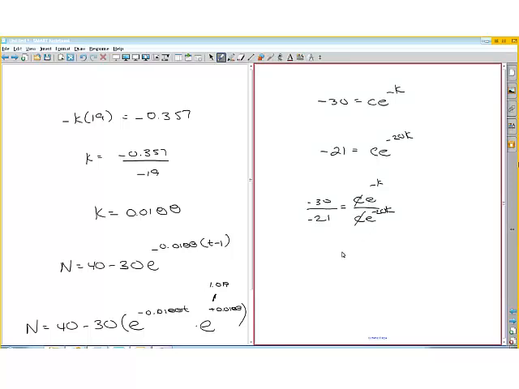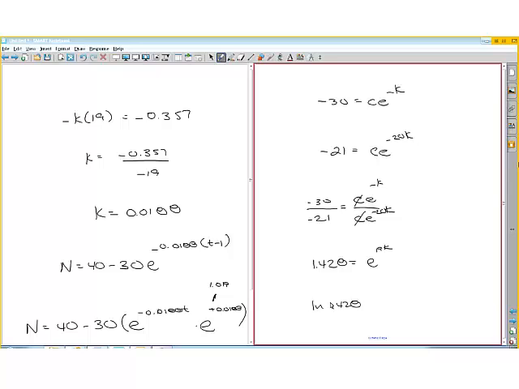So these cancel out. And so 30 divided by 21 is equal to 1.428 is equal to e to the 19K. Why is that? Because when you move this up here, it becomes positive 20K, and then subtract K from 20K, you get 19K. And then we do the same thing. You take the natural log of both sides.